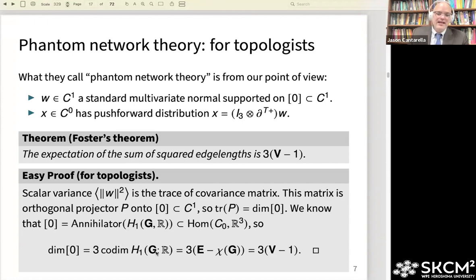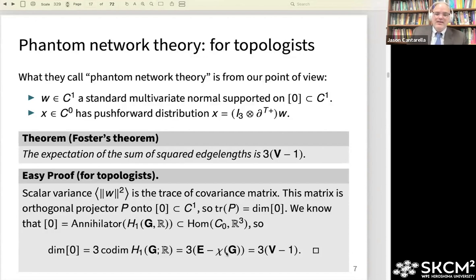Okay, fair enough. The dimension of this annihilator is 3 times the codimension of the first homology. And since this is a connected graph, the first homology is just equal to the Euler characteristic. Therefore, this codimension is 3 times E, the total dimension of the one chains, minus Euler characteristic. But we know that Euler characteristic is E minus V plus 1.